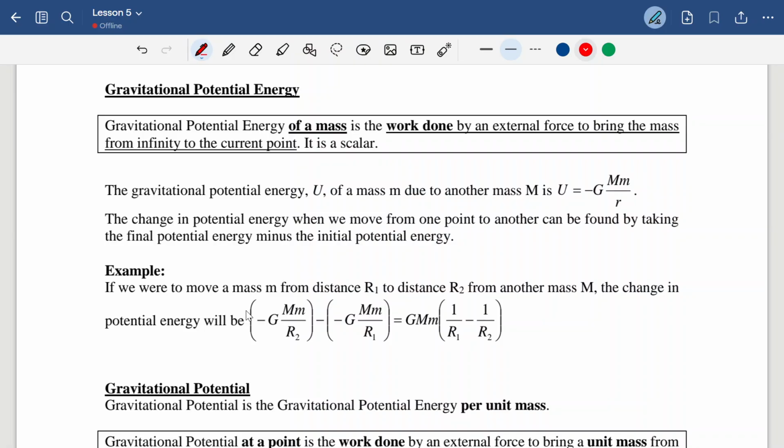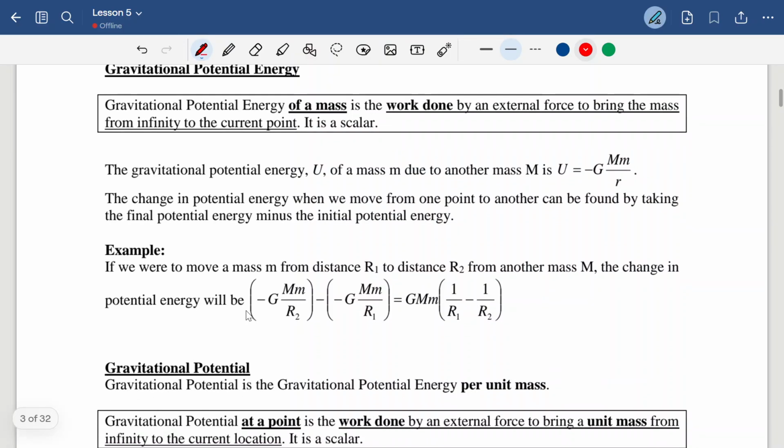I will just warn you first: there are two JCs who don't want to follow the syllabus and add extra words for the definition. So when you go to JC and take physics again, make sure your definition follows your school notes. Some of them are very strict.